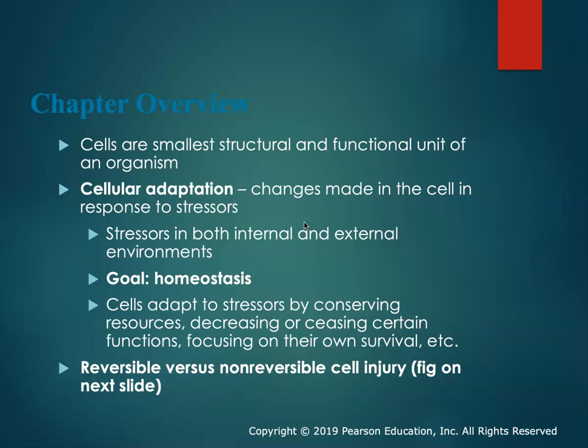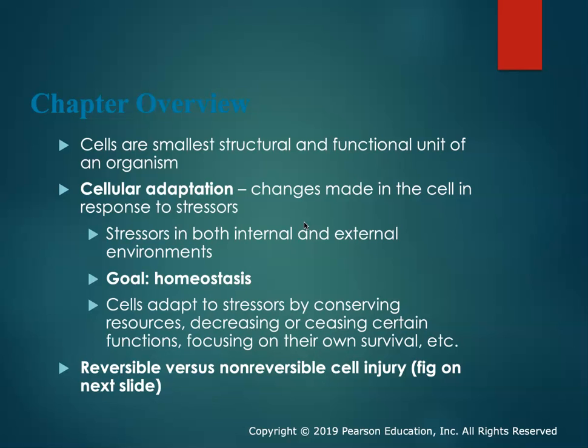So if the cell does encounter some sort of stressor, it will try to adapt to that stressor, right? And basically, fight for its own survival by conserving resources. So it decreases the amount of metabolic activity that's going on. It may decrease or even stop some of the functions that it might normally perform because, again, it's trying to survive, okay?